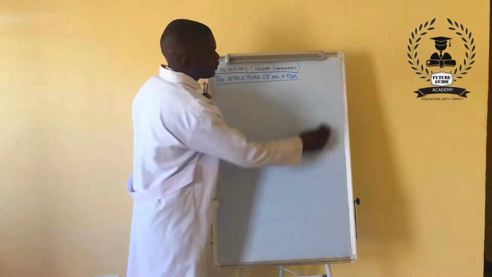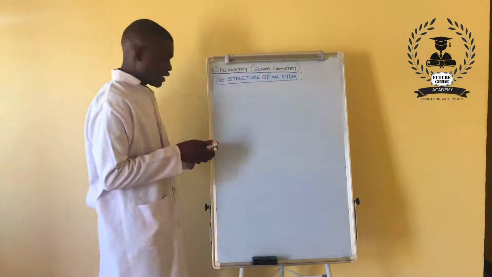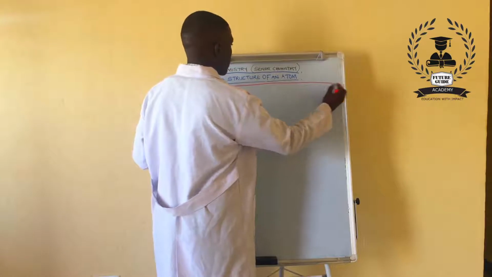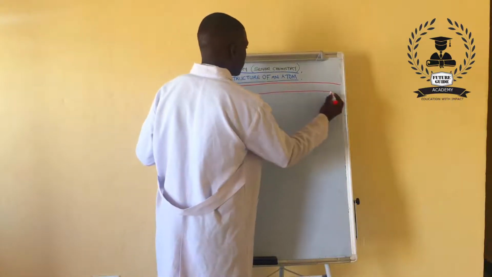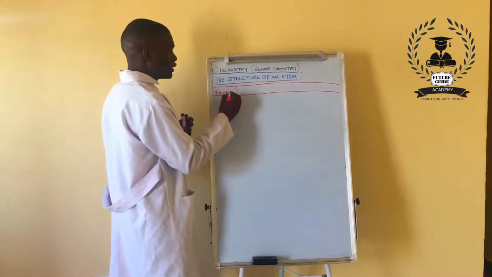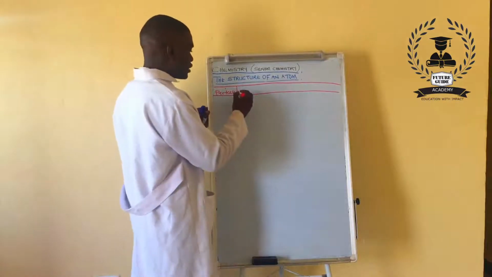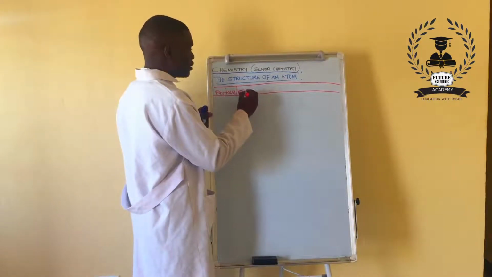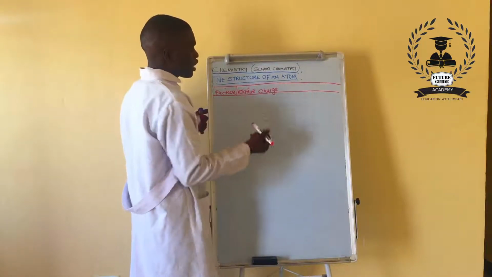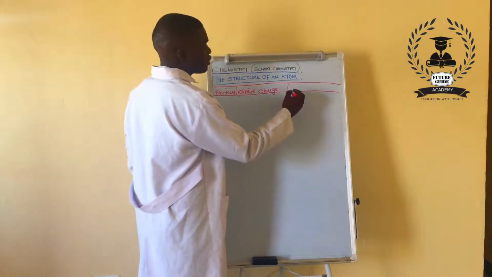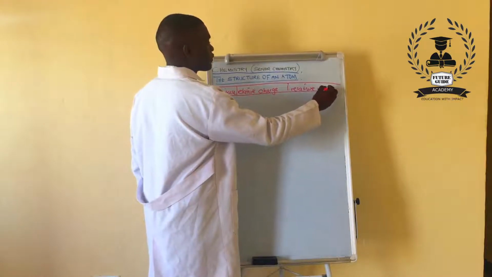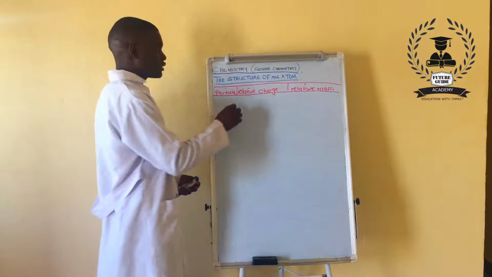We can divide it: 1, we've got the particle, 2, we've got the relative charge, and then we can also include the relative mass of those objects.